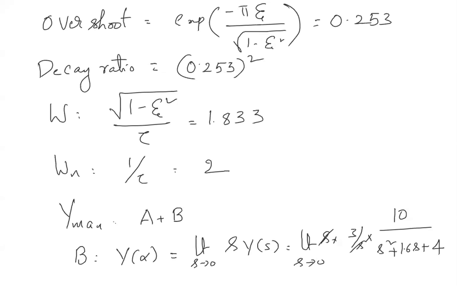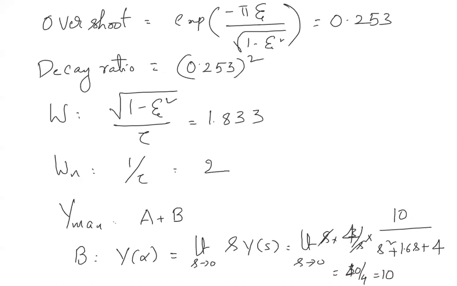If you put S as 0, then what do you get? 30 by 4, which is... X is 4 by S. 40 by 4, which is 10.